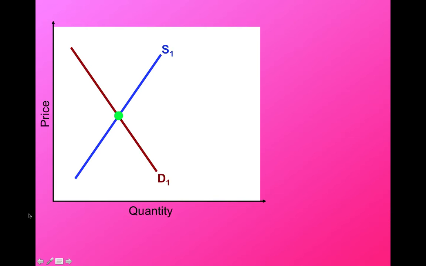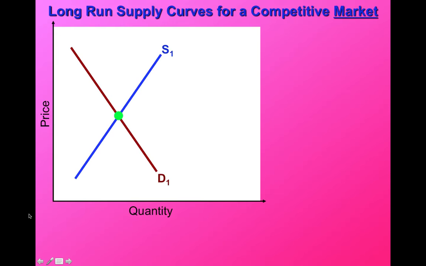Right now, what I'm going to show you is the long run supply curves for a competitive market and how they can differ. Basically, we're going to differentiate between three types of markets, and they're called constant cost markets, increasing cost markets, and decreasing cost markets.